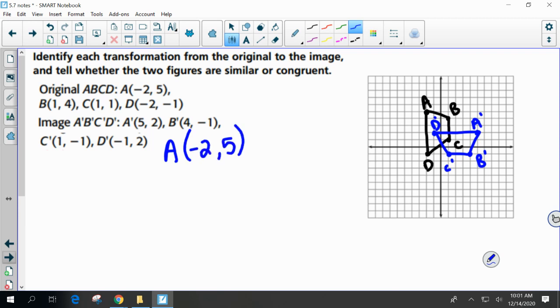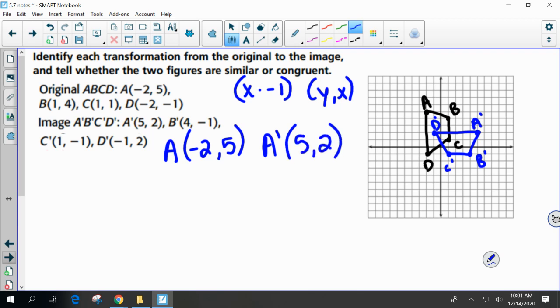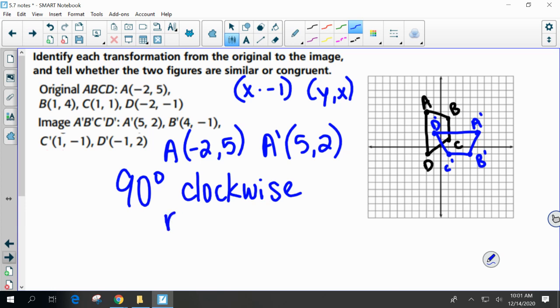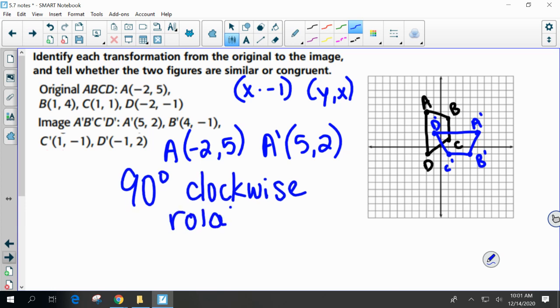Okay, so you're multiplying x times -1, and then you're flip-flopping x and y. So if I just write down one coordinate just to double check to see if that happened. Did x take times -1 and then you flip-flopped? Yes, that happened. So this is 90-degree clockwise. And is this similar or congruent? Congruent.